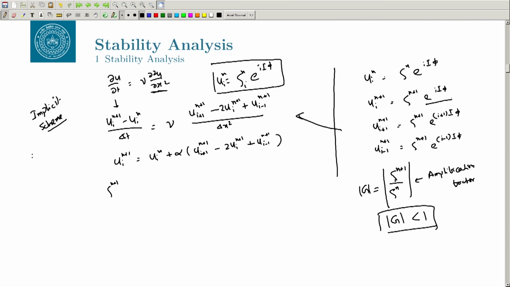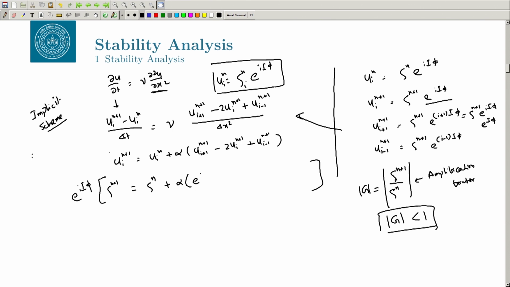So, what I will do, I will take this e to the power I phi common. So, e to the power I phi will be there everywhere, right. So, I will take that common outside. This will become zeta to the power n plus alpha, and then this can be written as zeta to the power n plus 1 e to the power I phi, right. That is what it will be.